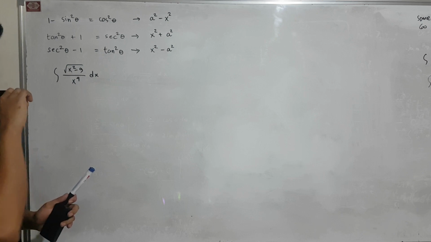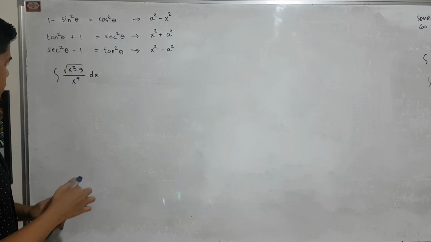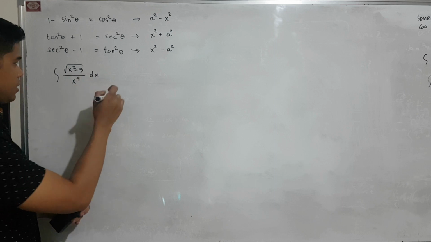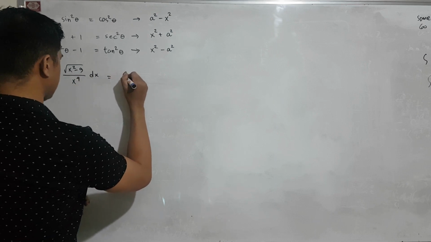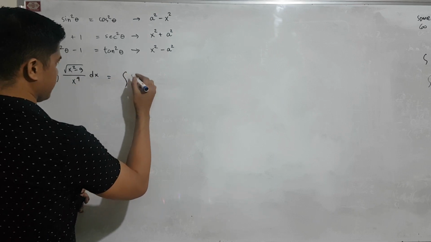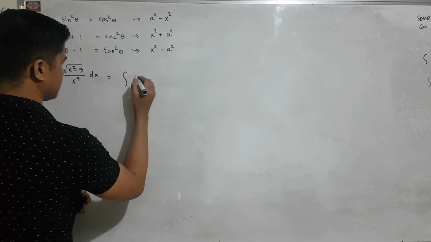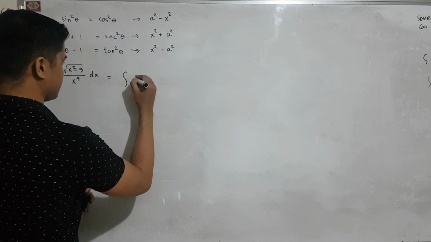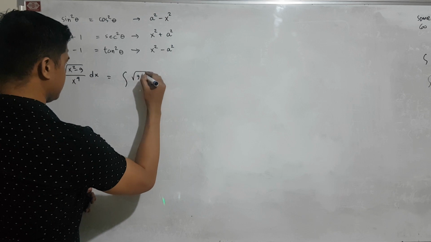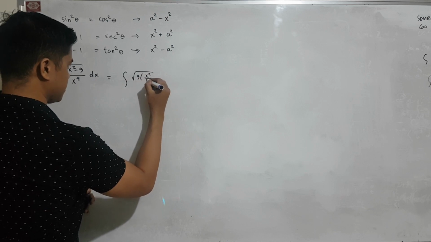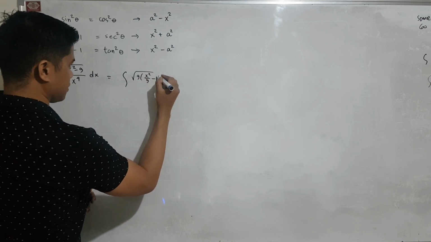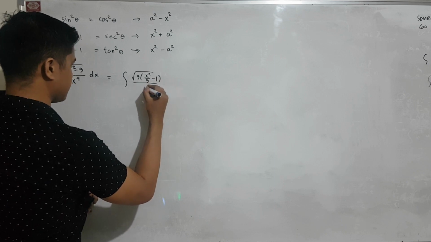Again, we cannot use that directly because we have a 9 in the radical. So we need to factor out 9 first. If you factor out 9, we get the square root of 9 times x squared over 9 minus 1, over x to the fourth.